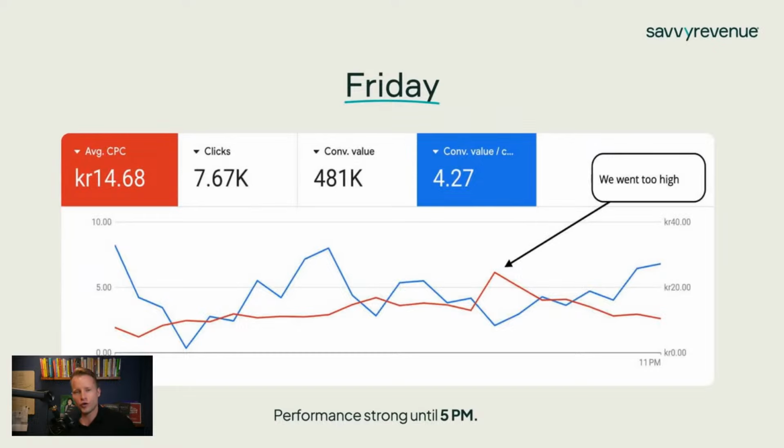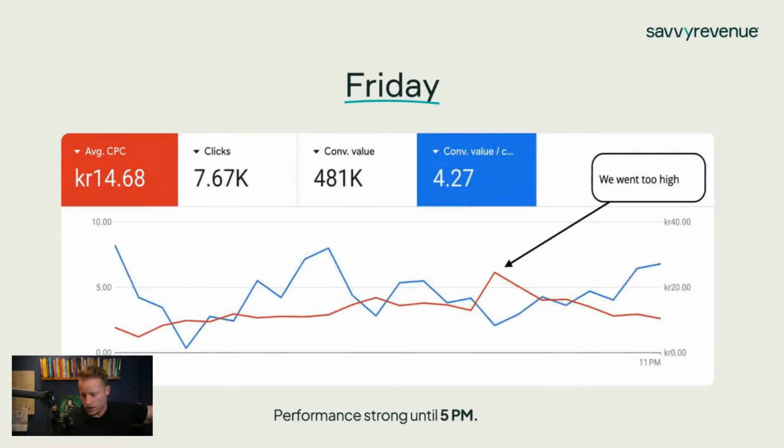We're 34% higher than last year, which we should just have stayed with, but both myself and the client were really excited. So we said, okay, let's try to push. You can see where the CPC goes up, and we went too high for a little bit too long. So our ROAS in that hour goes down. We see that, we adjust, but we never really get back in the game. We lose out on some volume we could have had at night if we had a more stable CPC increase.